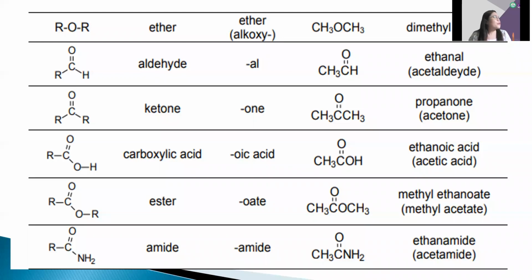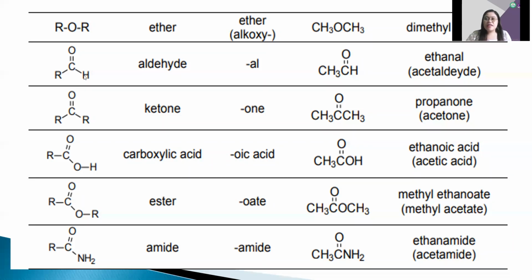In the exam or the quiz, I'll be giving you chemical structures of examples of compounds with carbon, and you have to identify what functional group is present in that specific structure. So you have to know the general formula. For example, when you say aldehyde, you have RC double bond OH.